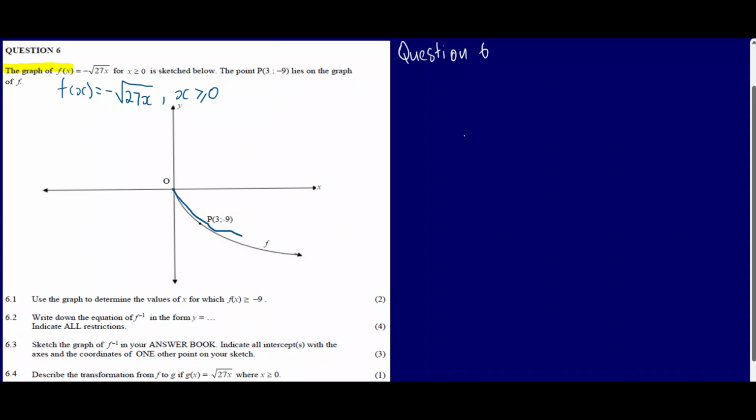So this is not the parabola we know, but this is the inverse of the parabola. It means that the inverse of a parabola is given as the original function there.